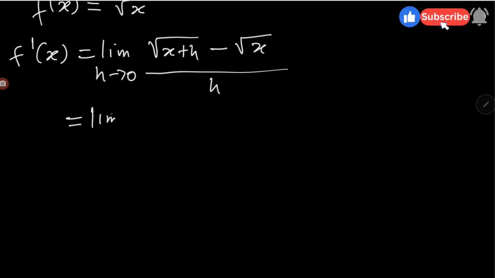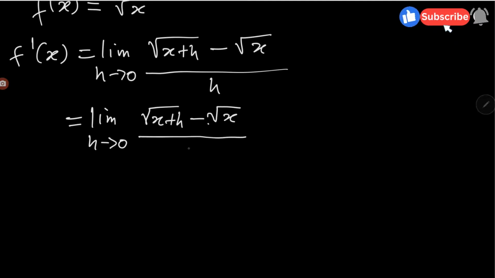So we have the limit as h goes to 0. We shall multiply with the conjugate of the expression on top, meaning we shall multiply with the same quantity but with a plus instead of a minus. So we already have what we have on top as the square root of x plus h minus the square root of x over h. We can say this is being multiplied with the square root of x plus h plus the square root of x.